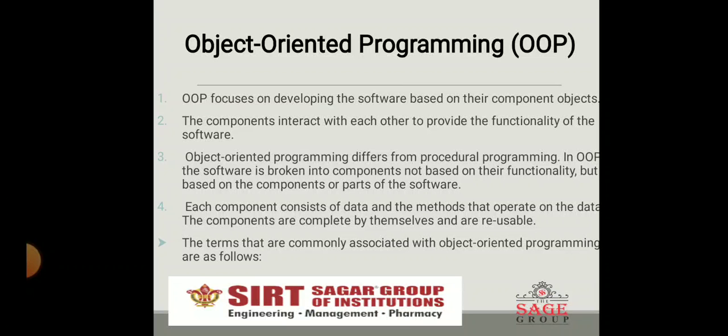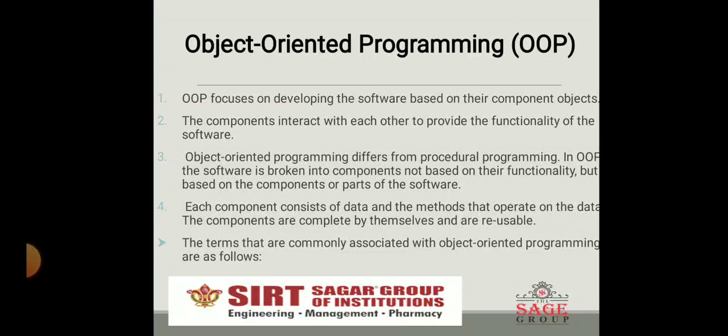So there are two types of programming languages, that is object oriented programming language and procedure oriented programming language. Firstly, the procedure oriented programming. Here there are different types of disadvantages associated with the procedure oriented programming language. So here we use object oriented programming language.